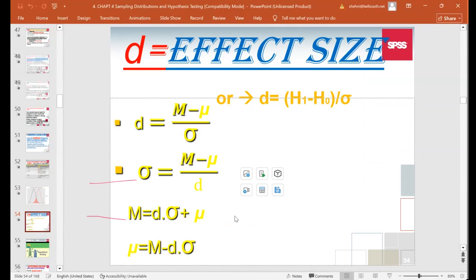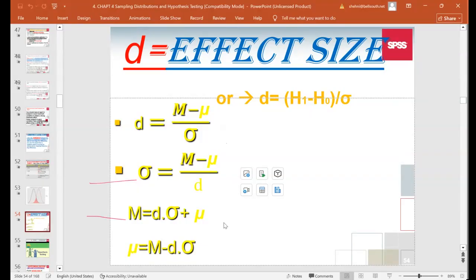So here's the formula for Cohen's d. Cohen's d is M minus mu, just like a z-score, but instead of the denominator for the z formula being a standard error, sigma M, for Cohen's d the only difference is that it is a standard deviation.